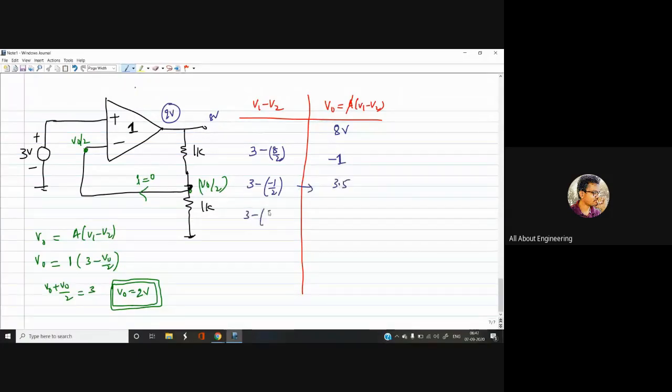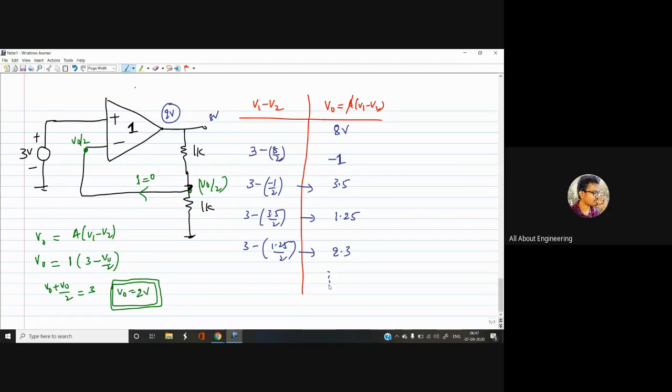Now again, 3 minus 3.5 by 2, and 3.5 by 2 is 1.75, so you'll get 1.25. Again, 3 minus 1.25 by 2, which is around 0.6, so 3 minus 0.6 is somewhere around 2.3 or 2.4.